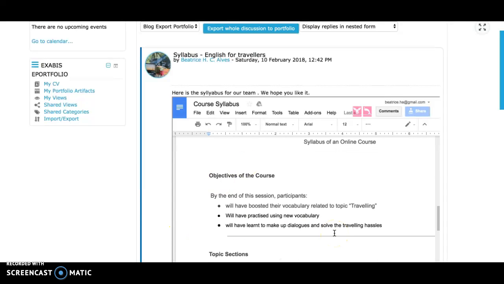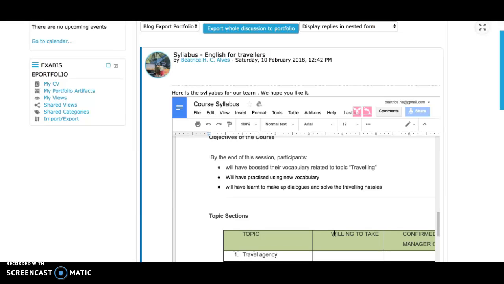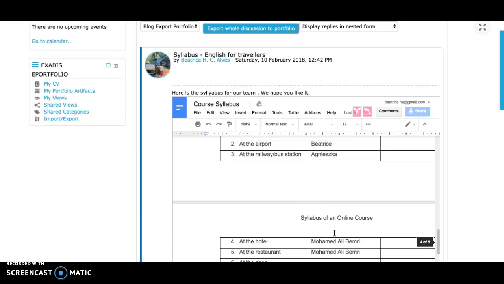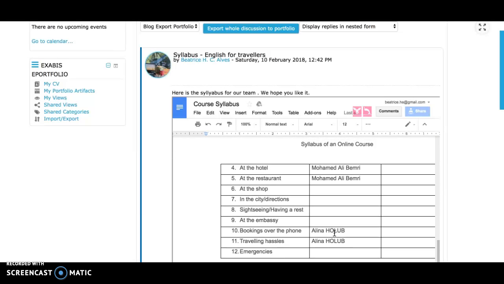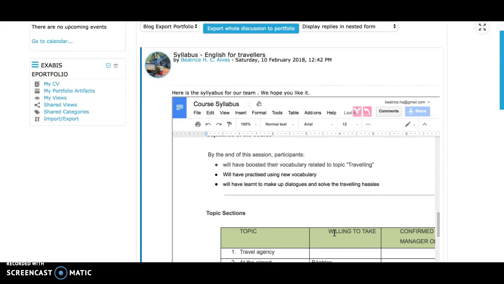As you can see, everything is focused on traveling, very practical. And then we mentioned the topic sections, and we volunteered mostly for the topic sections.